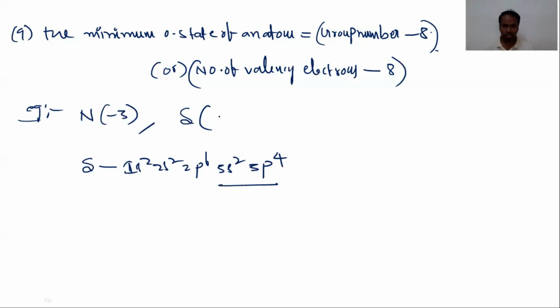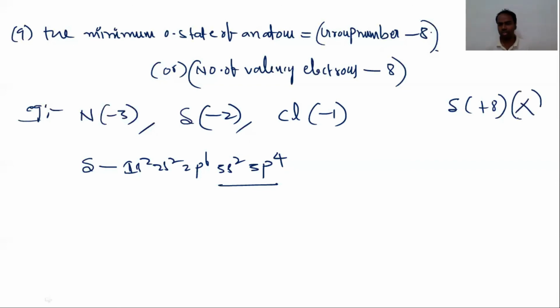6 minus 8 is -2. In this way, take phosphorus or chlorine. For chlorine, a halogen, the group number is 7. 7 minus 8 is -1. So this is the minimum oxidation state, and that was the maximum oxidation state. For example, if anybody asks whether sulfur +8 is possible or not, it is not possible for sulfur.